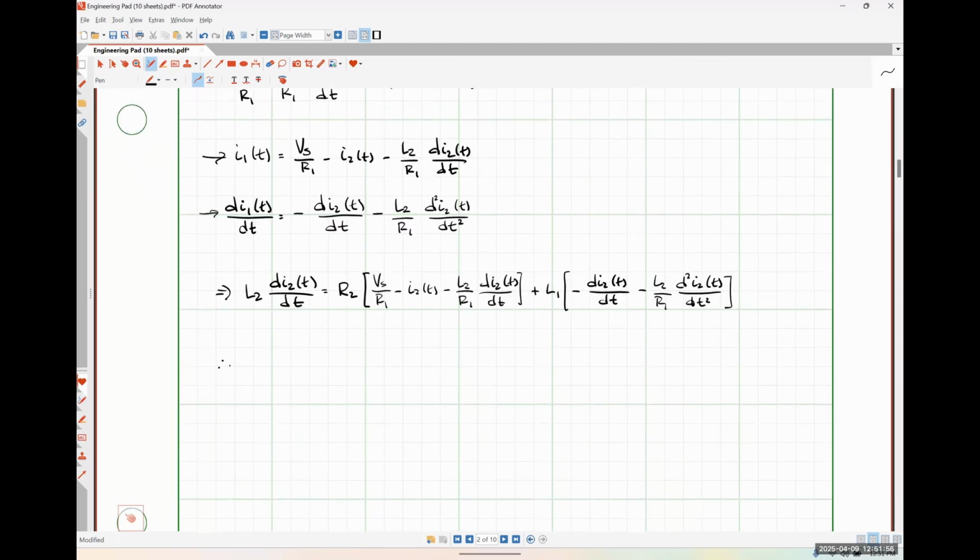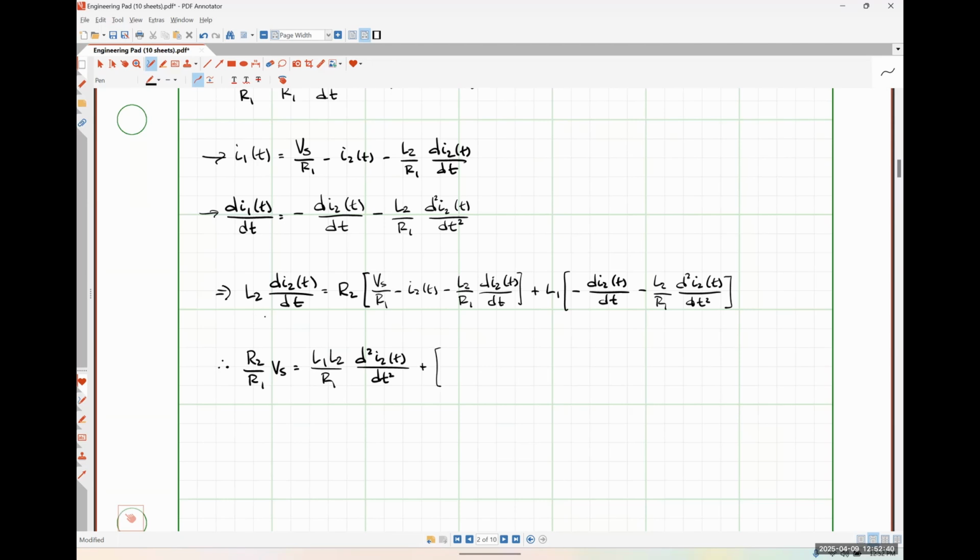And now it's just going to be rearranging things. So I would have R2 over R1 times Vs will be equal to, so my second derivative term, I'm going to move essentially all of those I2 related terms to the other side of the equal sign so that they'll all come out positive. That'll look like L1 L2 over R1 times my second derivative. Now I'm going to have my first derivative terms.